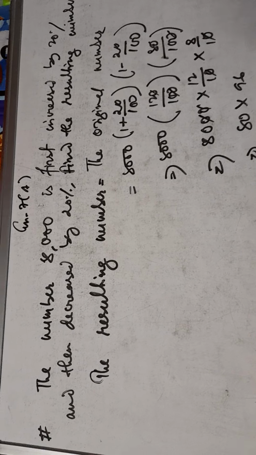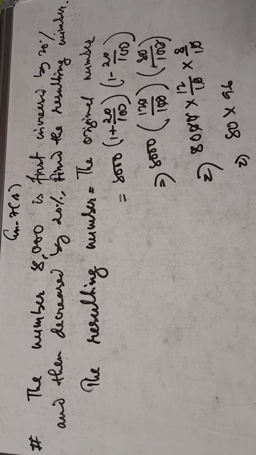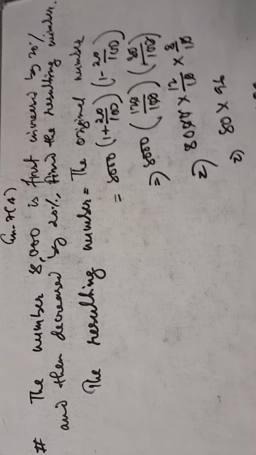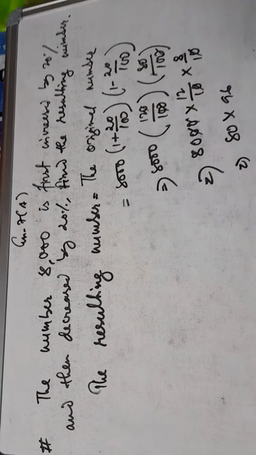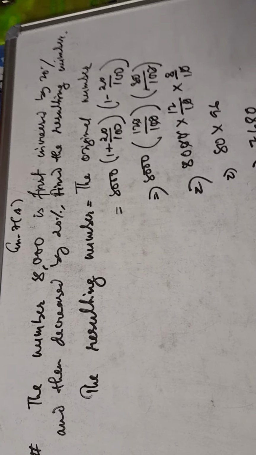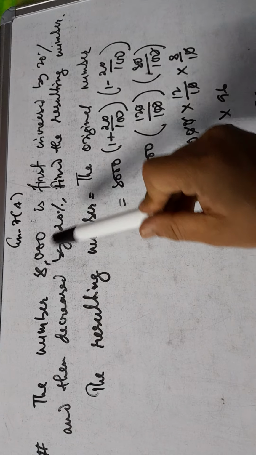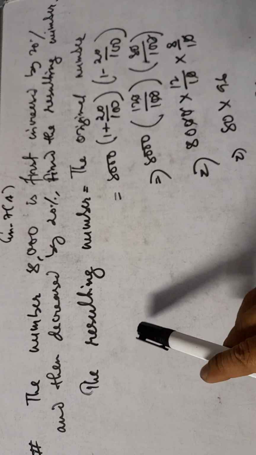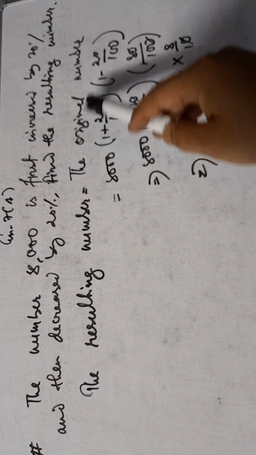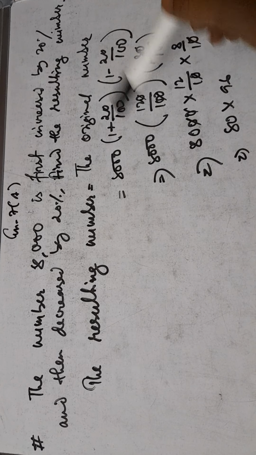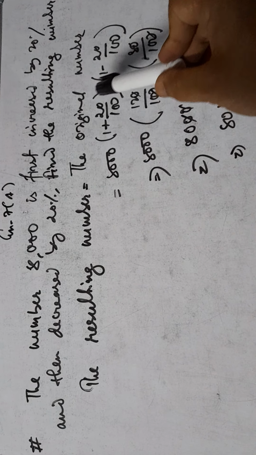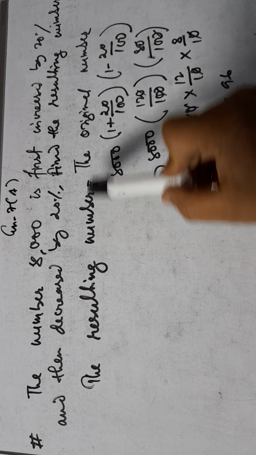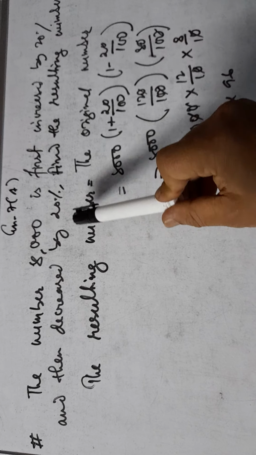Now the last question of this exercise which we are going to discuss is: the number 8,000 is first increased by 20% and then decreased by 20%. Find the resulting number. We have one small formula to find the resulting number: the resulting number is equal to the original number, which is 8,000.